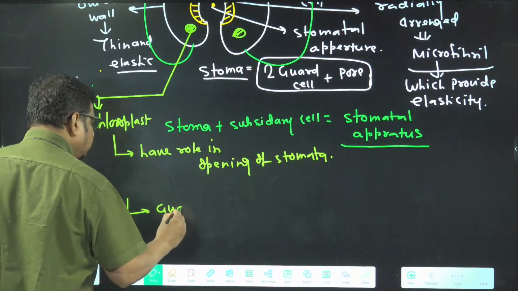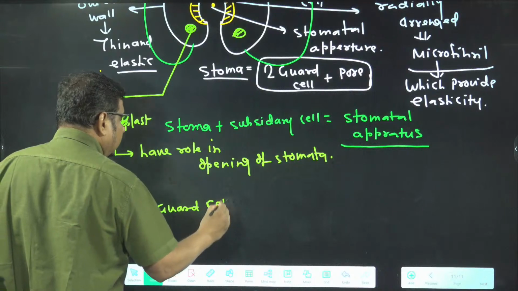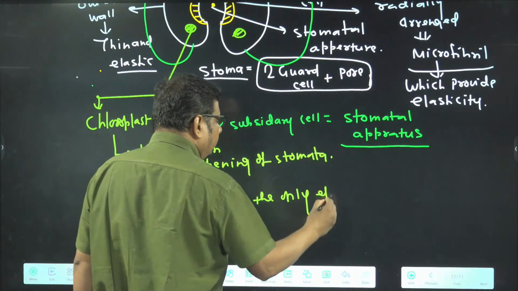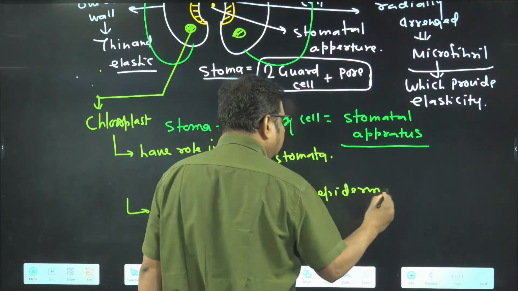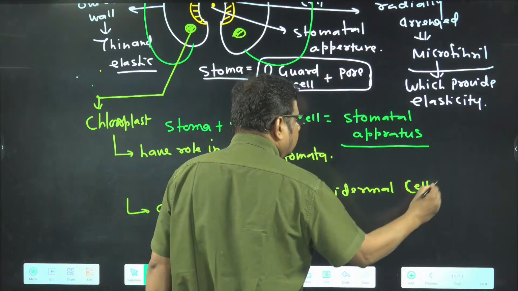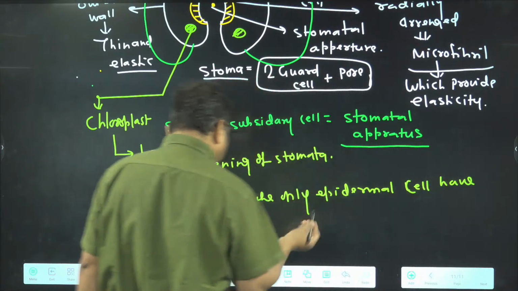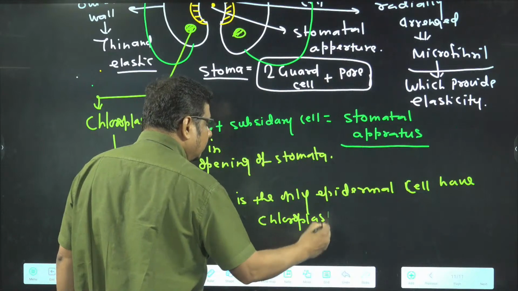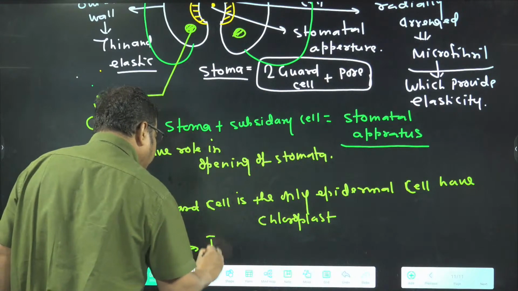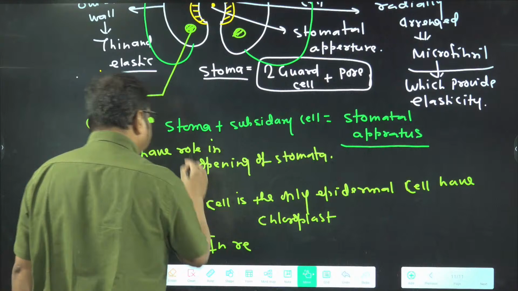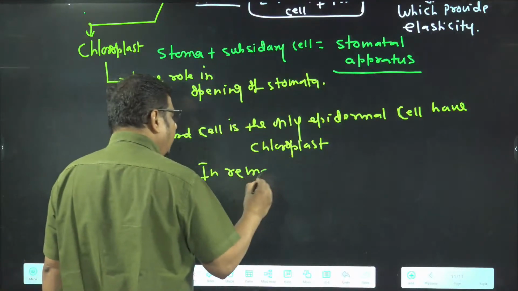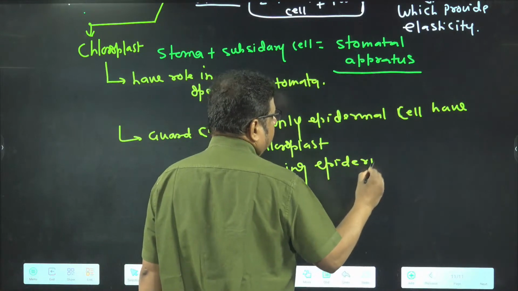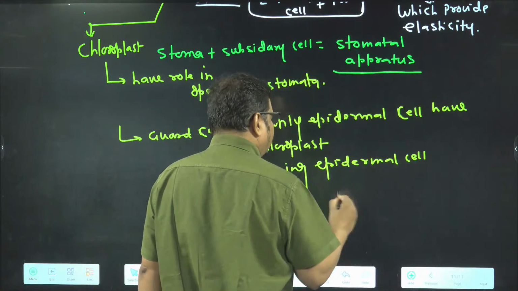Guard cell is the only epidermal cell that has chloroplast. In the remaining epidermal cells, chloroplast is absent.